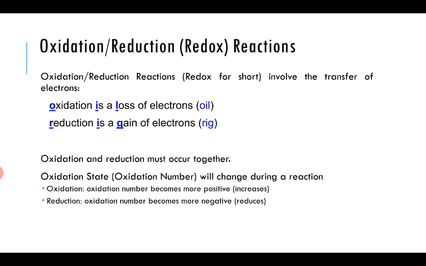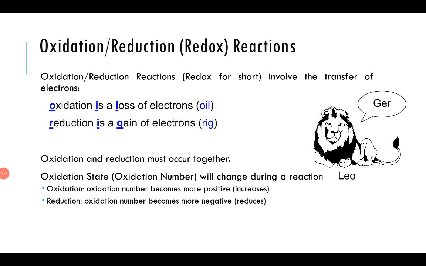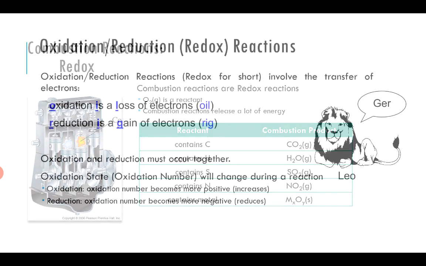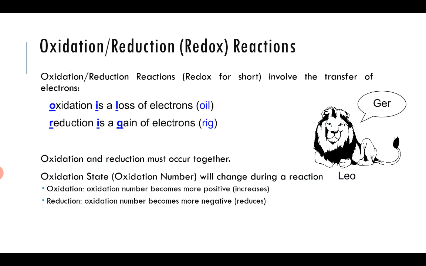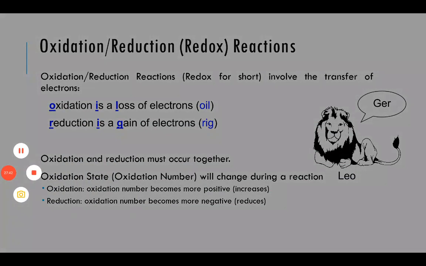That means the electrons are going to be transferred between reactants and products. I'm going to go ahead and save redox reactions for a whole different video because they deserve their own video.